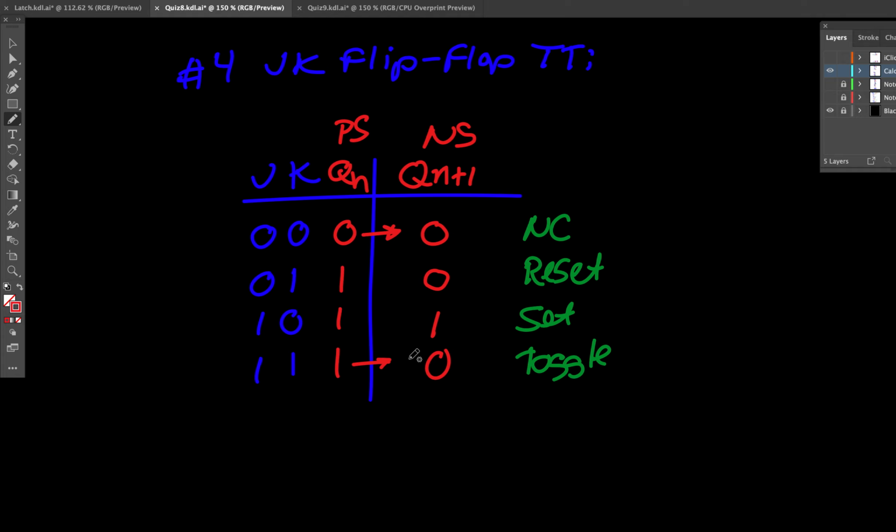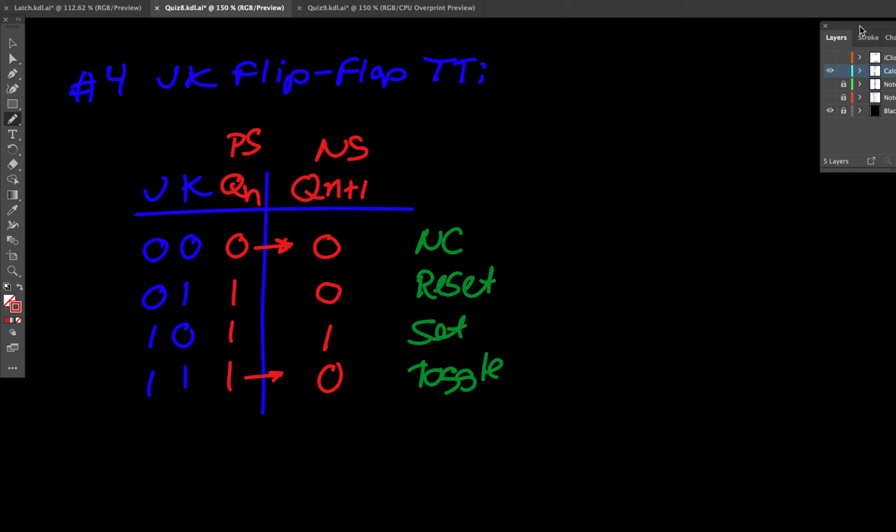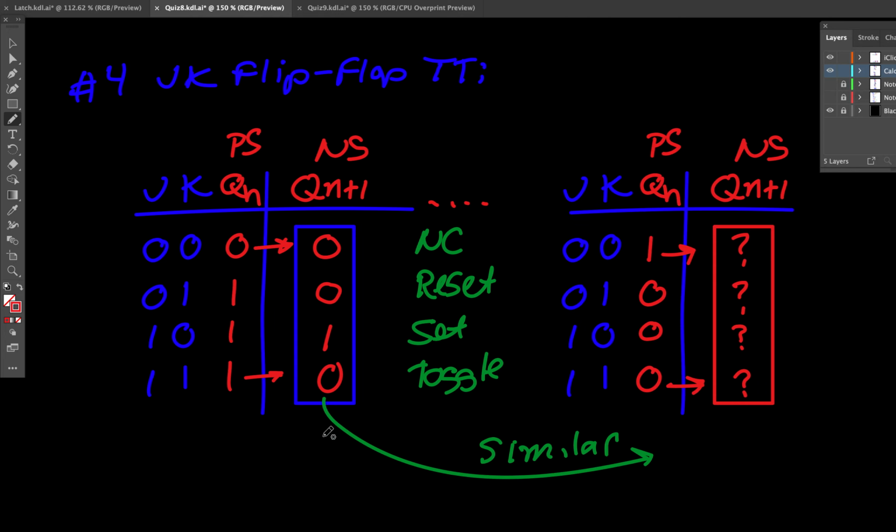So let's go ahead and give you an iClicker exercise. In a similar manner, I've kept the no change, set, reset, and toggle, and I've changed the values here. I want you to give me the 4 values that would appear, and just like this, the answer to an iClicker question for the left side would have been 0, 0, 1, 0 with no spaces.